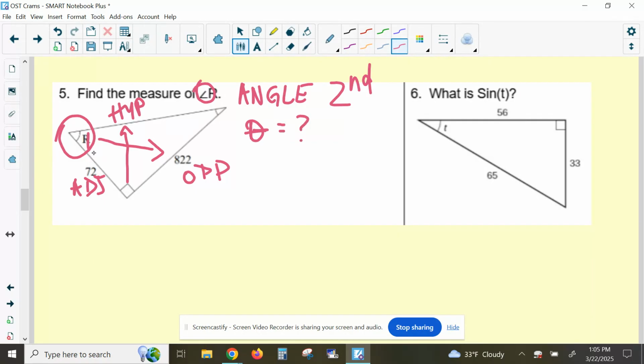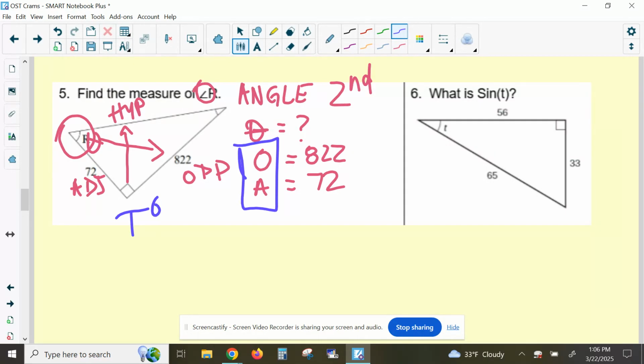You can call it theta or R, whatever you want. That's the one we want. I have my opposite is 822, and my adjacent is 72. So I'm dealing with O and A, so I'm going to use tangent, which is opposite over adjacent.